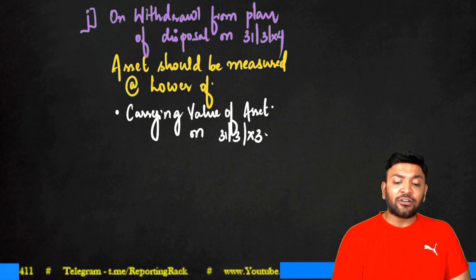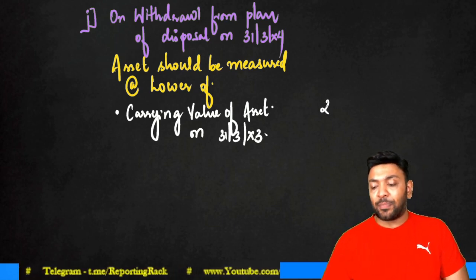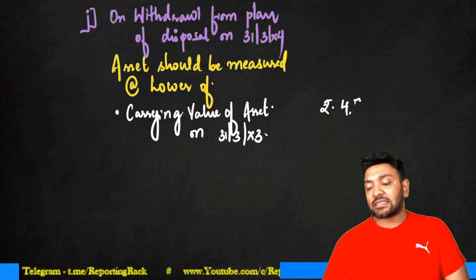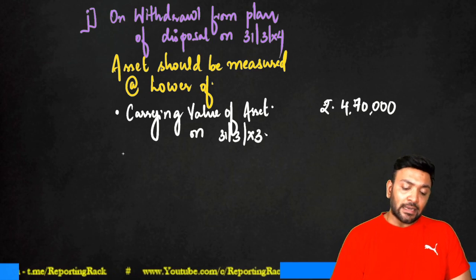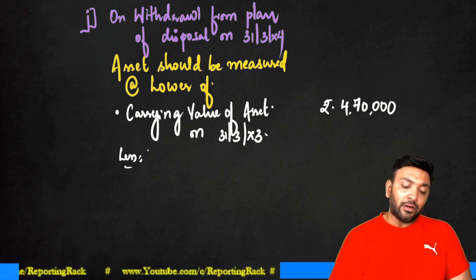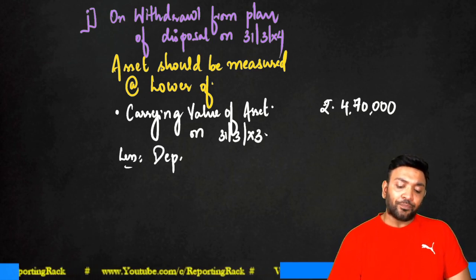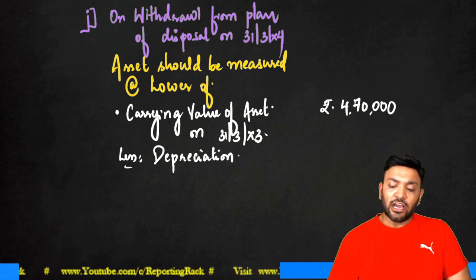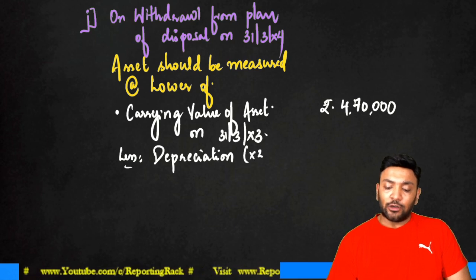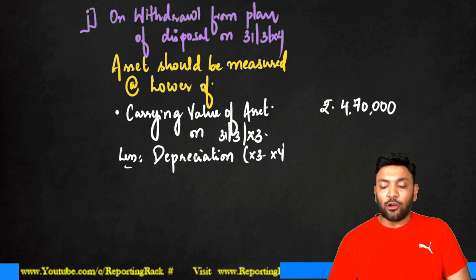On that day, after charging the impairment loss, it was 4,70,000 less depreciation for the year 23-24.